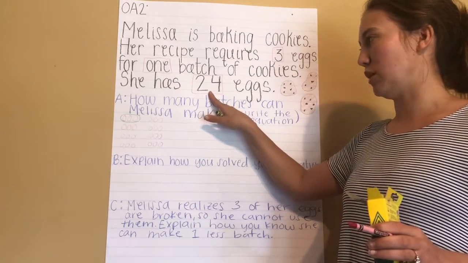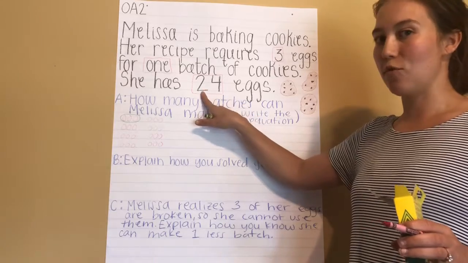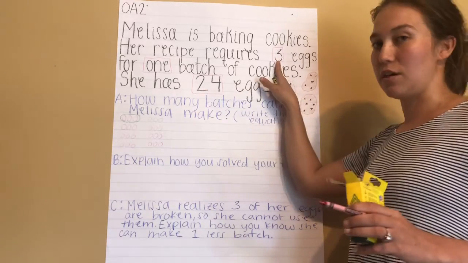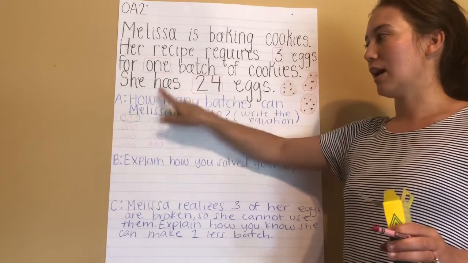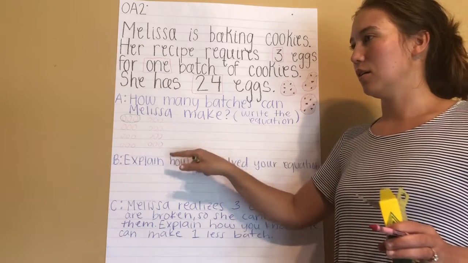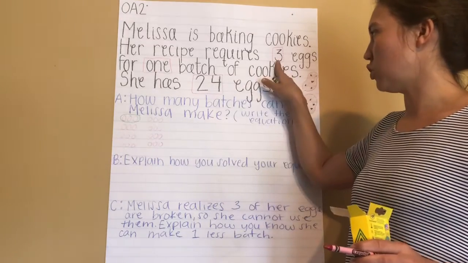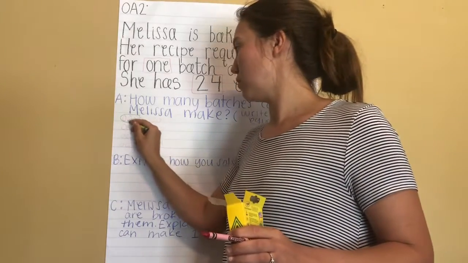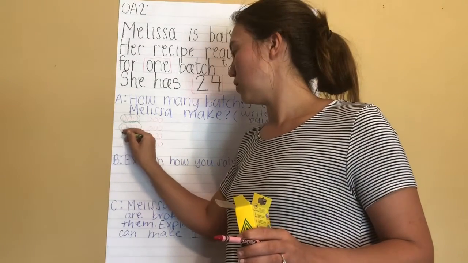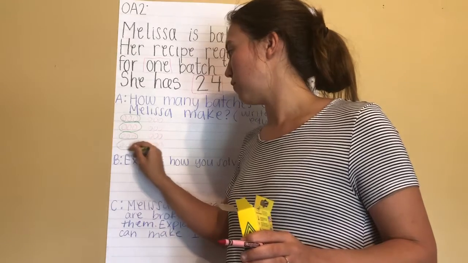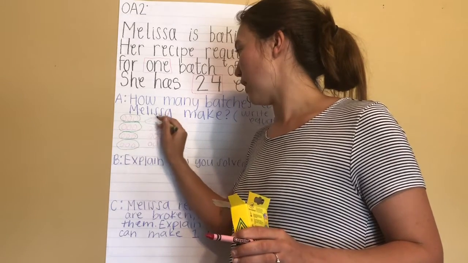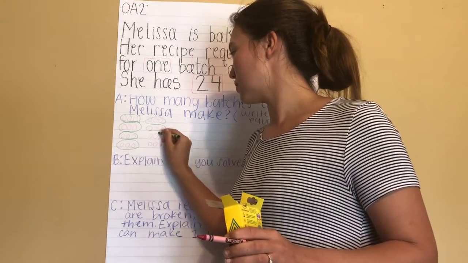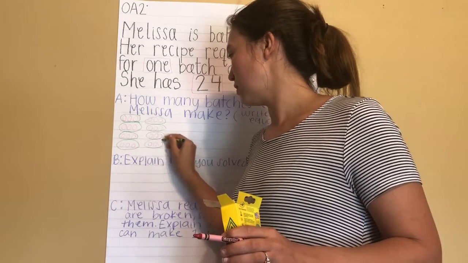So from my 24 eggs divided by groups of 3 equals how many groups? 1, 2, 3, 4, 5, 6, 7, 8.